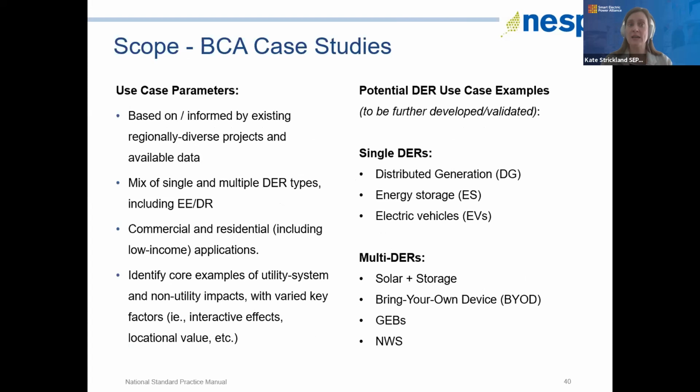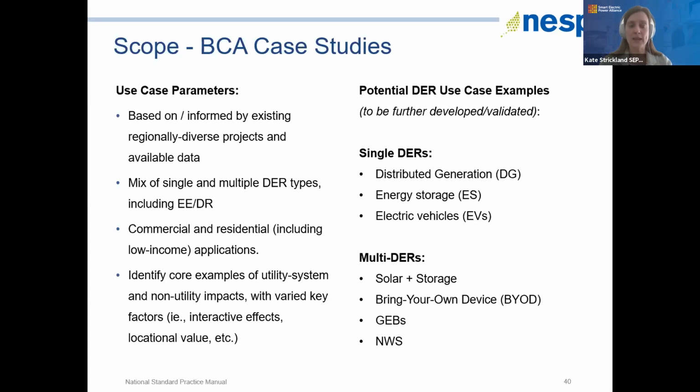Wanted to highlight the use case parameters that we are currently envisioning for the case studies, certainly based on and informed by existing regionally diverse projects and publicly available data. The goal is a mix of single and multiple DER types, including a focus on energy efficiency and demand response.